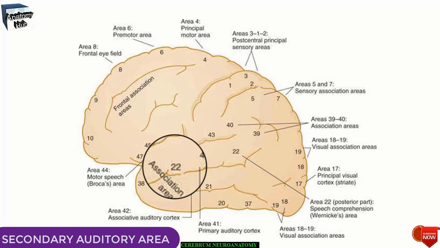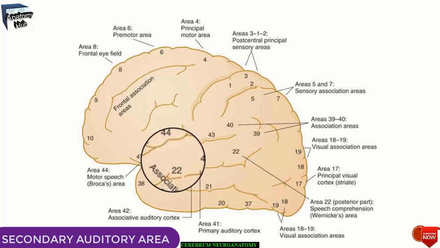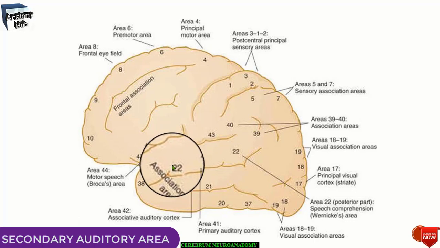Thus the area is necessary for the interpretation of the sound that the person has heard. So lesions of the secondary auditory area result in an inability to interpret the meaning of the sound heard, and the patient may experience word deafness, that is auditory verbal agnosia.